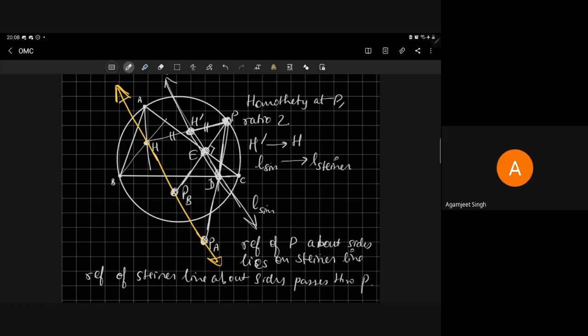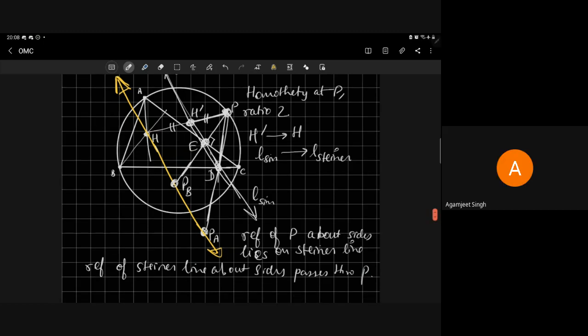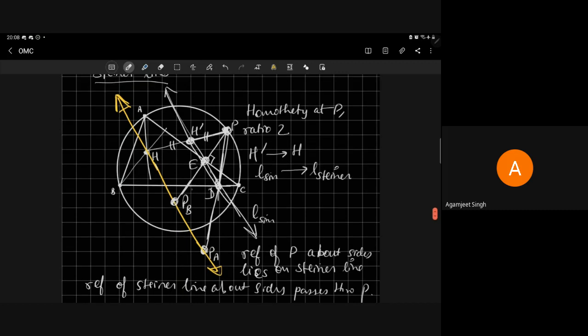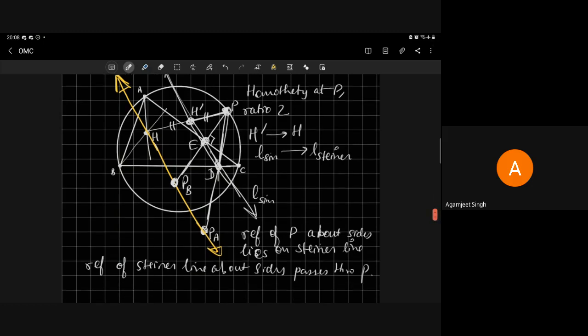Once again, it's really obvious because the reflection of this line about AC will pass through P, because P sub B is a point on this line. Okay, I'll assume you got it. Move on. If you have any questions, please ask me.